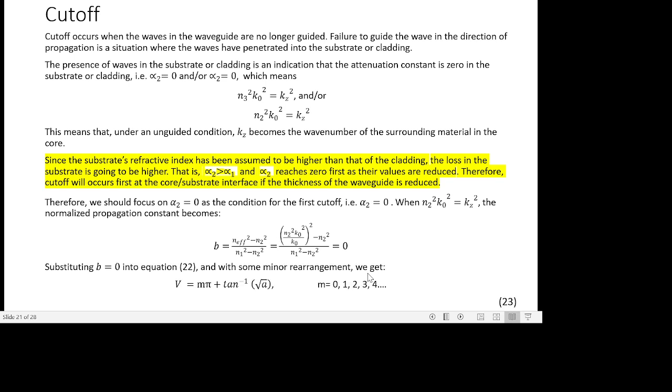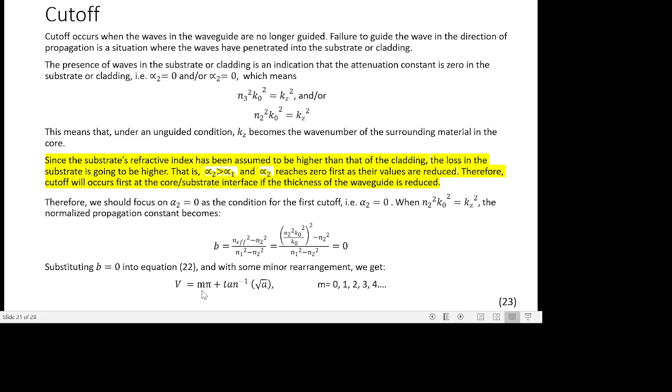So we equate the b number to 0. And the b number is already given. The b number only relates to the core and substrate. And by substituting b equals 0 into equation 22, we simplify this into this equation. So this is going to be the formula for the cutoff.